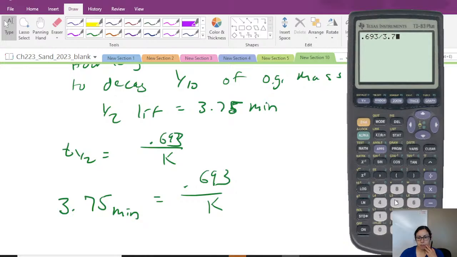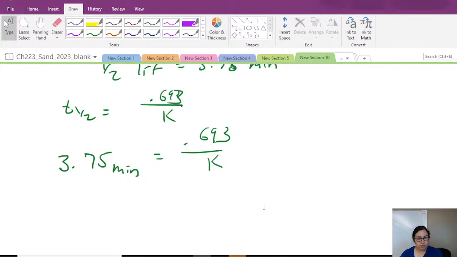You said 0.184? Well, then it should be like 5, right? When you do 0.693 divided by this, that gives you 1 over K, so I multiplied K on both sides and divided both sides by 0.75.